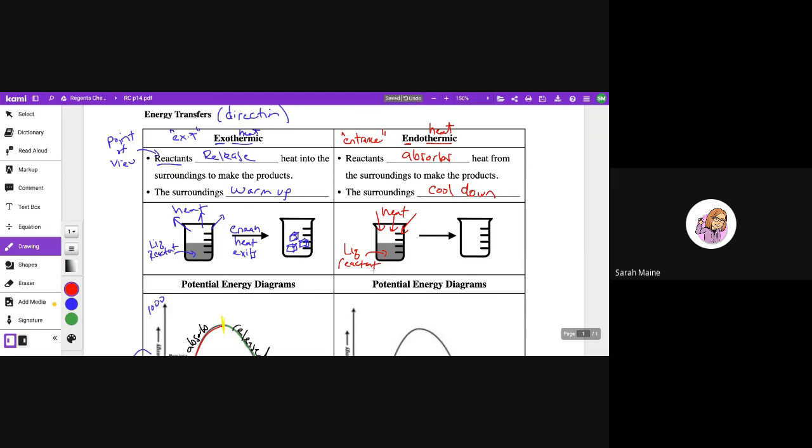And when our sample absorbs enough heat, we start to see a change occur. I'm not the best artist here, but we start to see that our sample starts to boil and some of that liquid starts to escape as a gas. So we see a liquid changing to a gas because enough heat went into our liquid reactant.